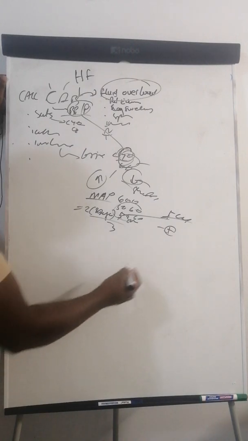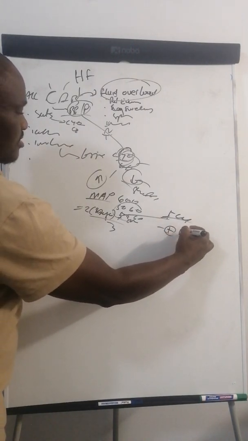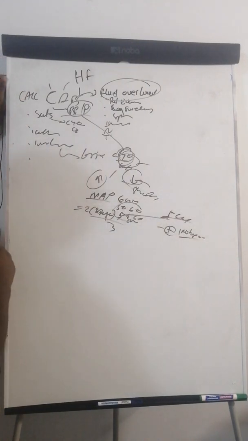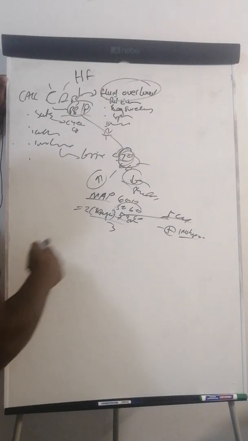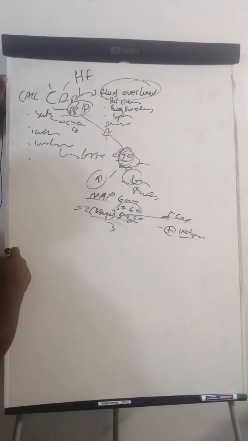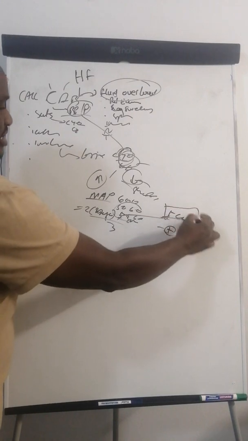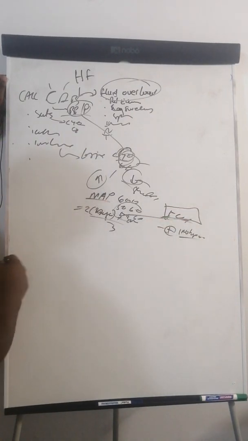You want them to be given positive inotropes like your dobutamine, and this is a critical patient, so they need to be in ICU. Yes, they will introduce the Lasix later on, but it's not a patient that needs to be managed in A&E and sent to the ward.